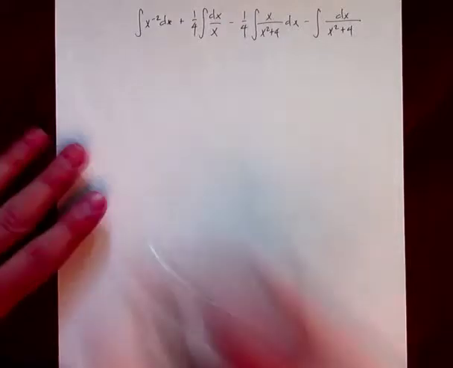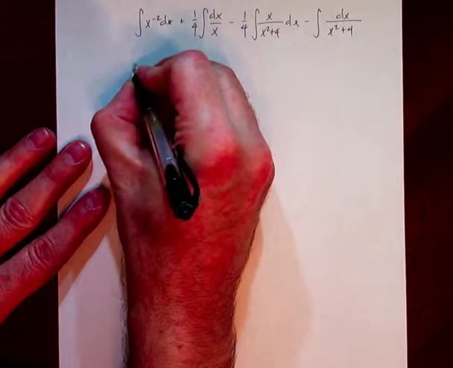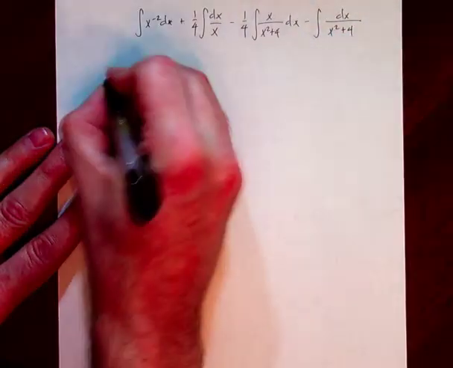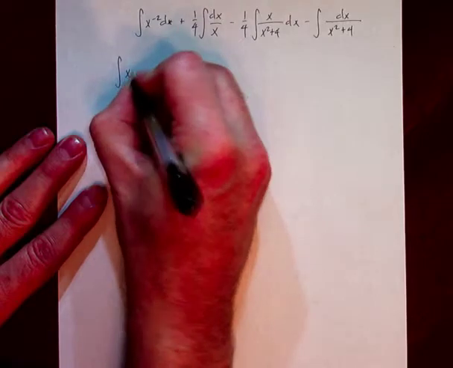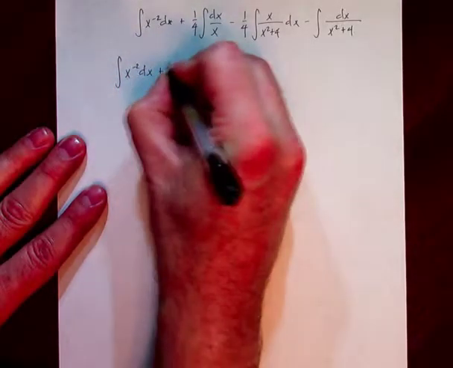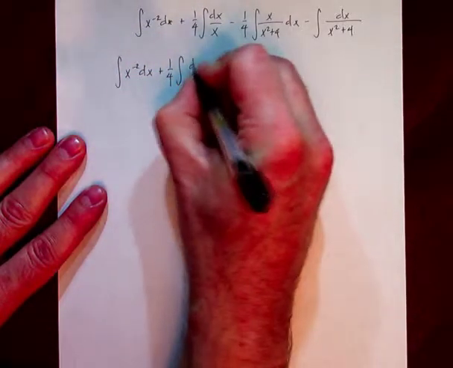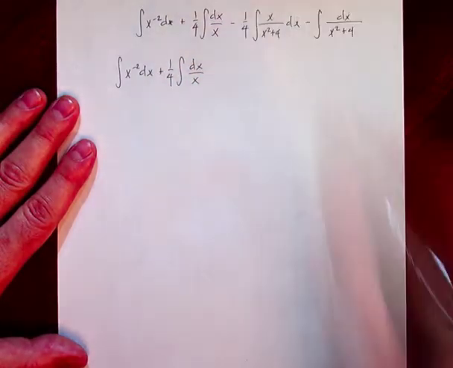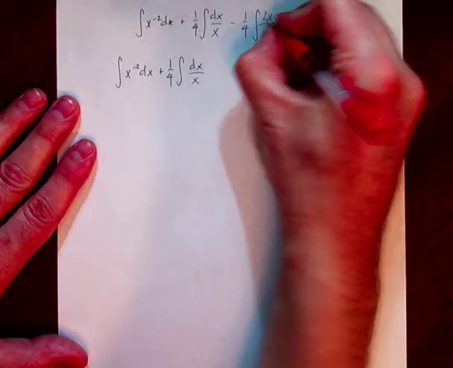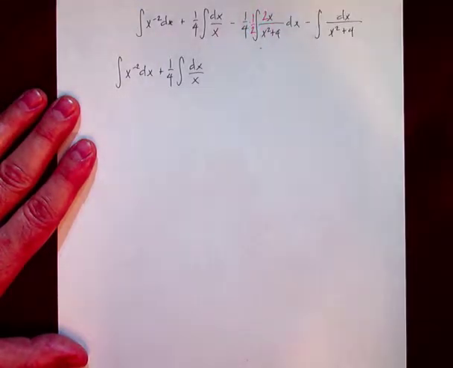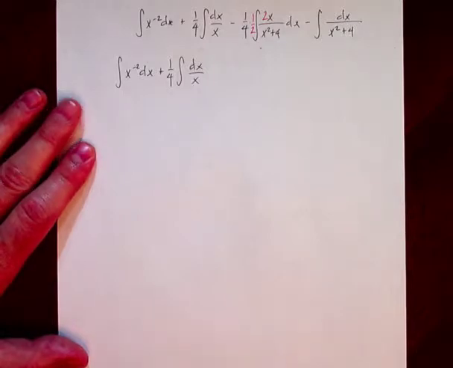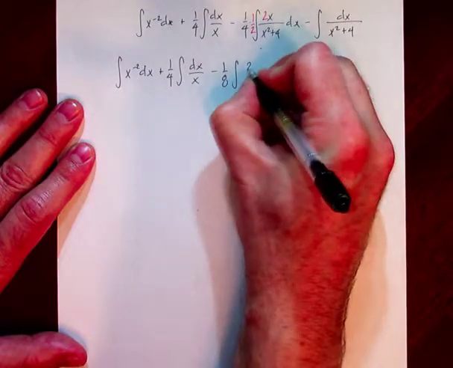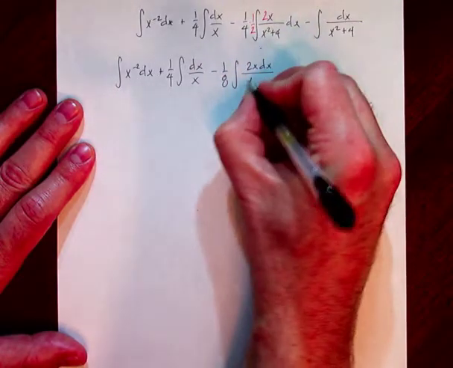Alrighty. This one is really easy, right? Let's talk about this one right here. I like to integrate all of them at the same time, so I want to string these along for a moment. This, I need a 2 up here, right? Which means that I need to multiply outside by a further 1/2, and I'm going to get negative 1/8 of 2x dx over x squared plus 4.